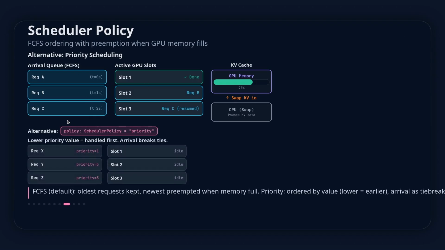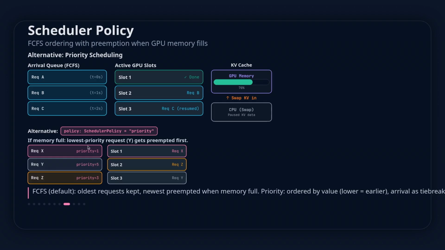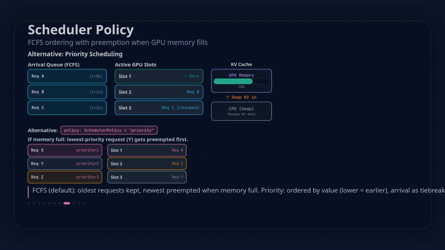There is an alternative policy, which is the priority scheduler policy. If GPU memory is full, the lowest priority request gets preempted. So as we can see, request X has the highest priority, request Y has priority 5. So we preempt request Z to finish request X first.